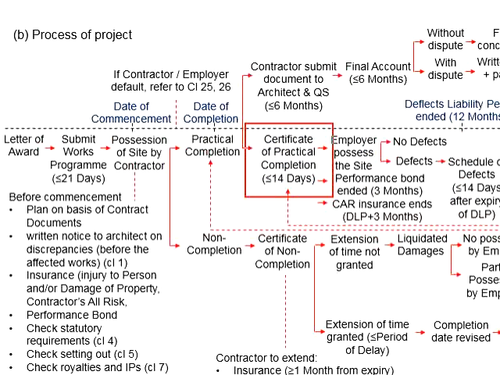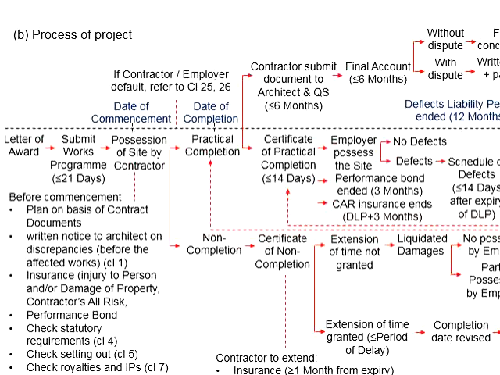After acquiring the CPC, the Certificate of Practical Completion, the employer may possess the site and the defect liability period triggers. These defect liability periods are normally in the range of 12 months. The contractor will have to guarantee there are no noticeable defects.